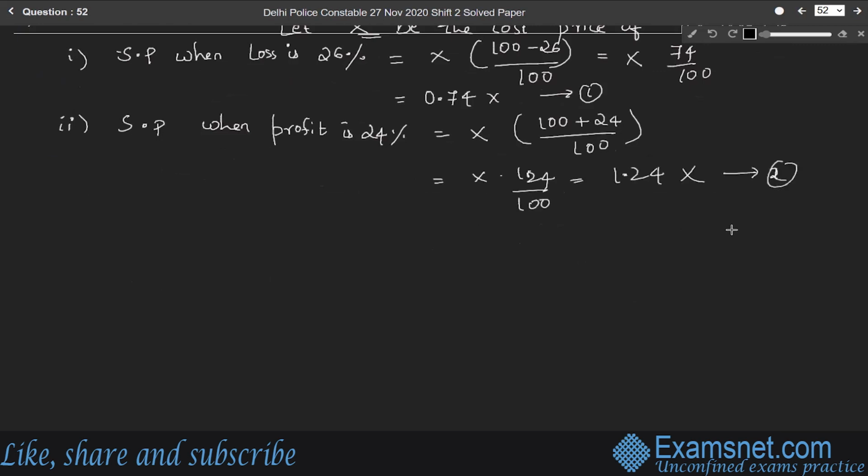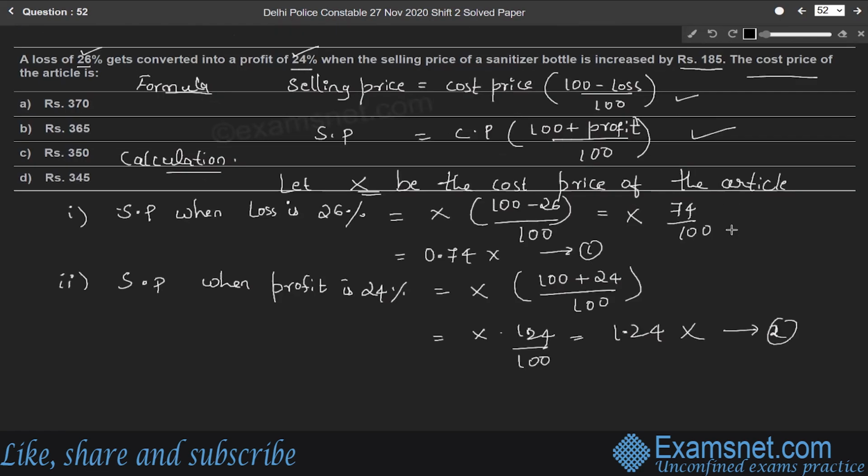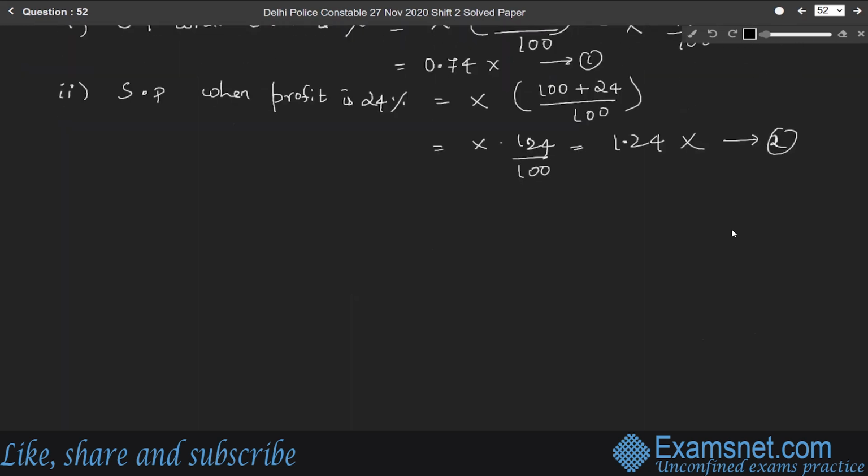Consider this as equation 2. So according to the question, when the loss gets converted into a profit, the selling price of the sanitizer bottle is increased by 185 rupees. Therefore, the difference in the selling price is 185 rupees.